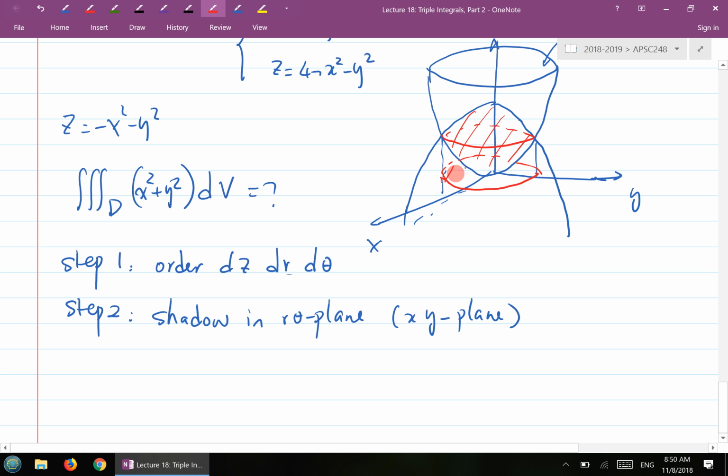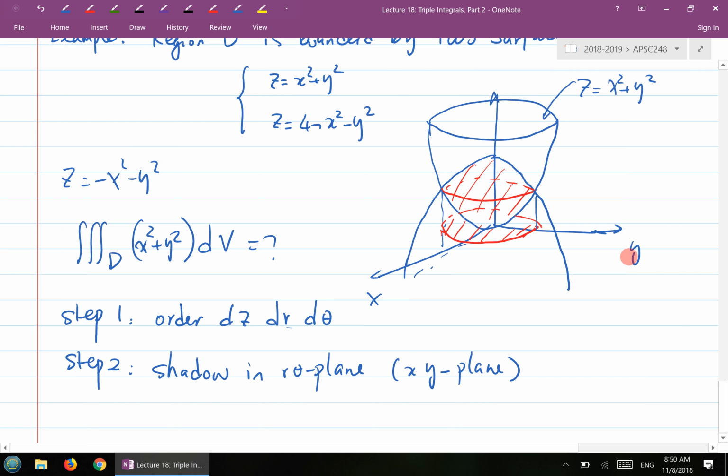And this shadow, as we're going to see, is actually a circle centered around the origin. But for now, just sketch the shadow first. That's important because we need this shadow here.